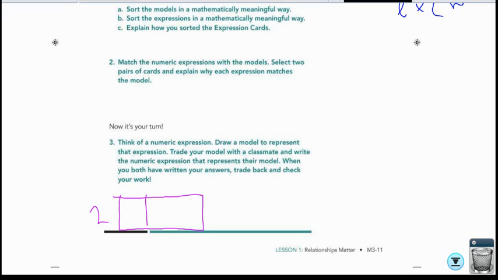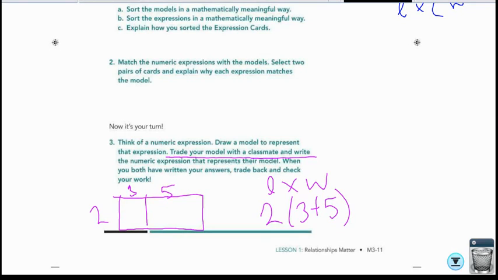I want this to be 2, and then I want this to be 3, I want this to be 5. So the way I could write this would be length times width because it's a rectangle. The length would be 2, and the width would be 3 plus 5 put together. It says trade a model with a classmate, write the expression.